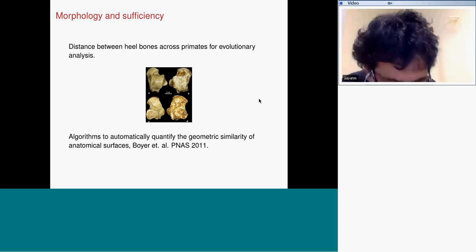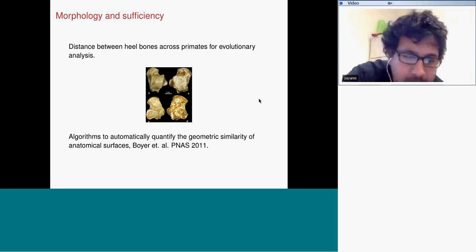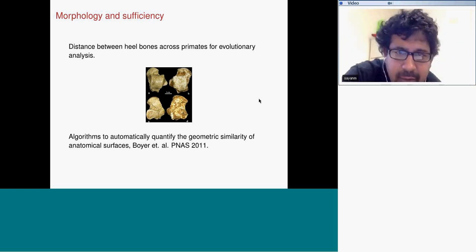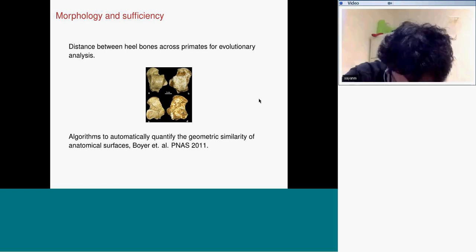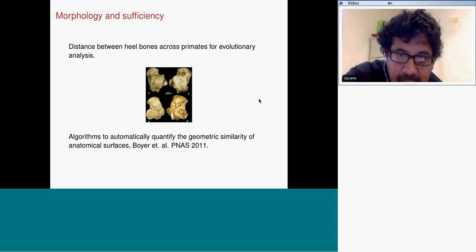I have a colleague in evolutionary anthropology who studies bones for evolutionary analysis. He wants to look at distances between bones, in a type of tree, to get an idea, at least at the phenotypic level, of some notion of speciation.